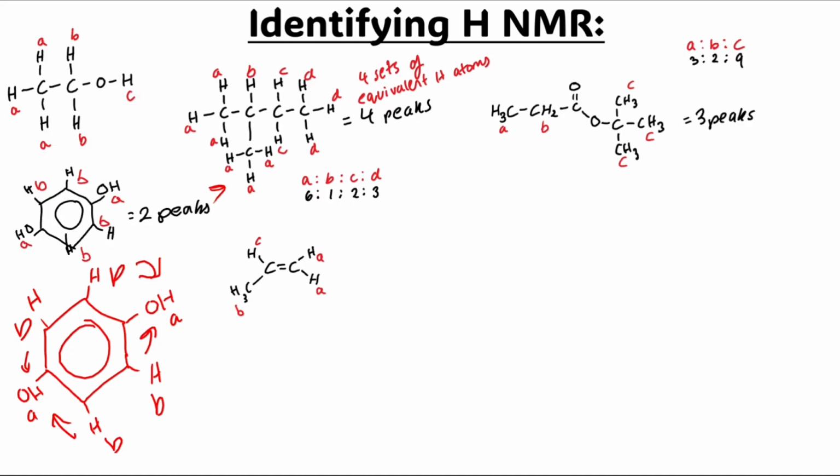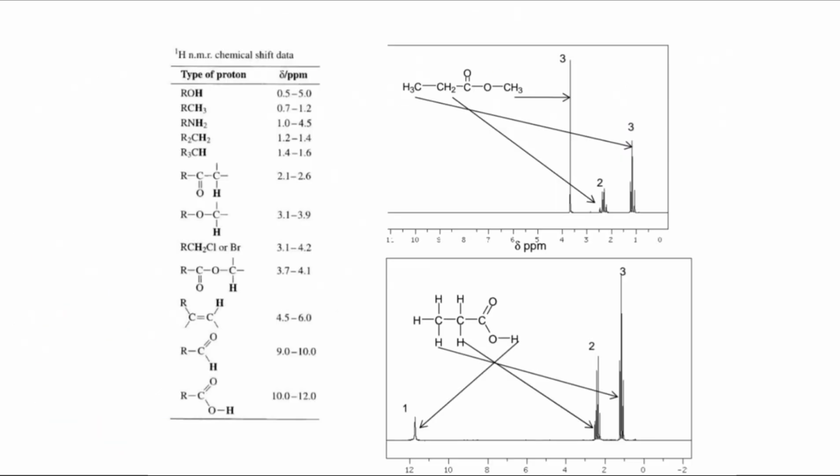And then the hydrogens on the B are definitely different because there are 3 hydrogens bonded to another carbon, bonded to a double bond carbon. And then the top hydrogen is different because it's just bonded to the double bond carbon. It is not the same as the carbons on the right because the C hydrogen is also bonded to a carbon which has a methyl group. So therefore there are 3 peaks.